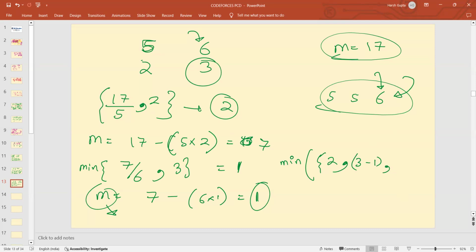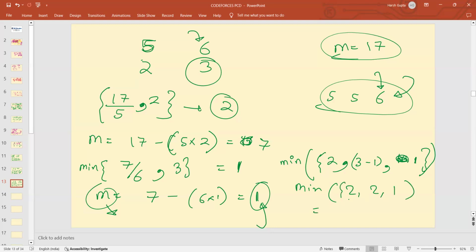Comma, since by each replacement I get an increment of 1, that is my cost reduces by 1, the maximum I would like to replace is m. This m is what I am left with, isn't it? So in this case it is 1. So the maximum number that I am going to replace is the minimum of 2, 2, 1, which equals 1. So I am going to replace one flower.